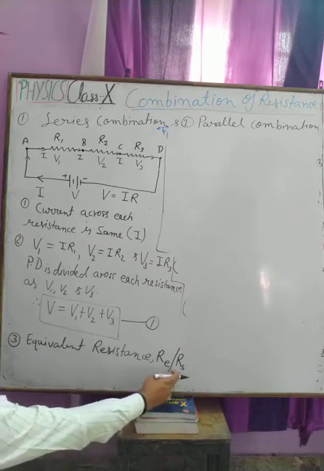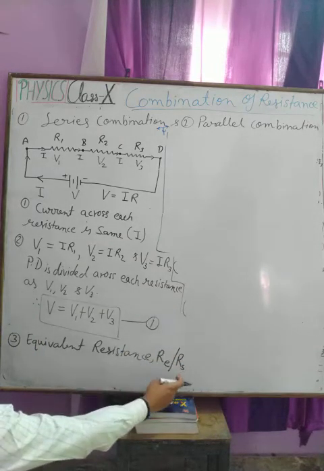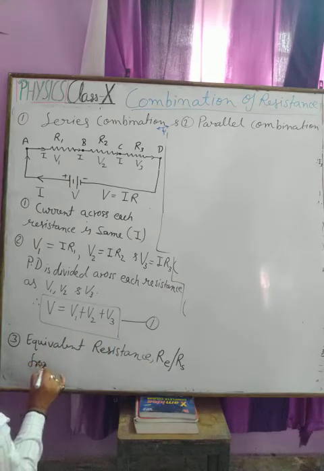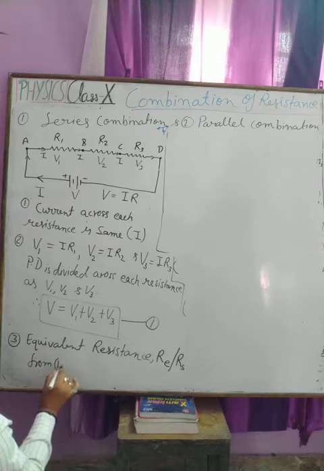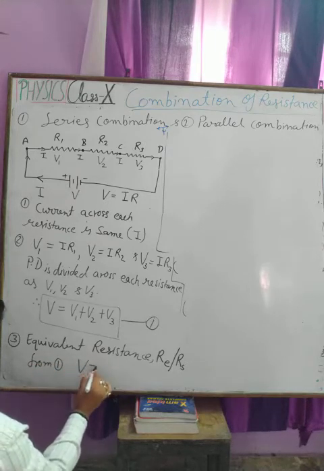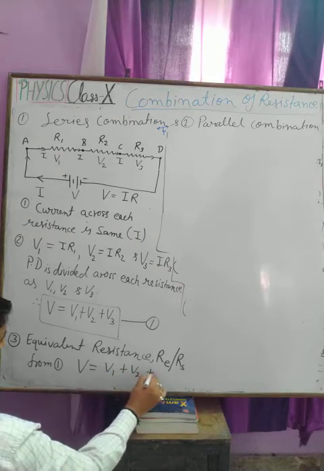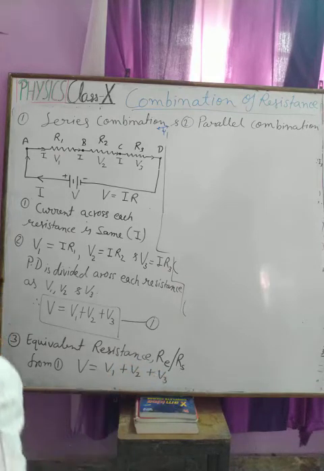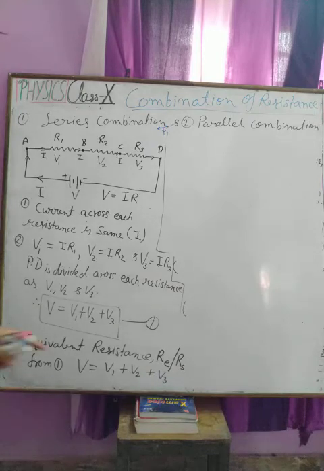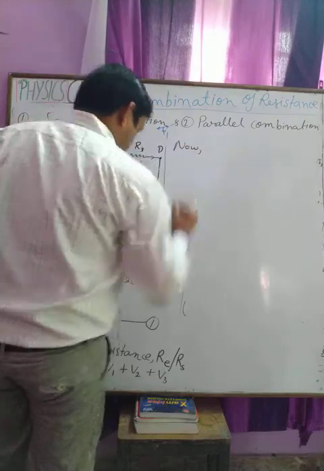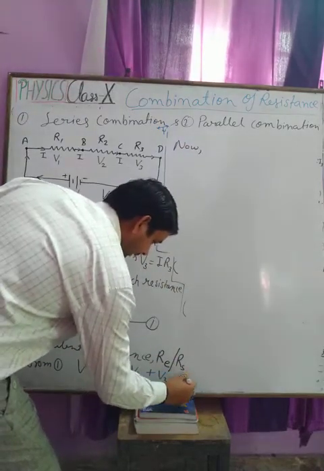Total resistance across series combination or equivalent resistance. From equation first, we have V is equal to V1 plus V2 plus V3. Okay student? Now this is your equation second.